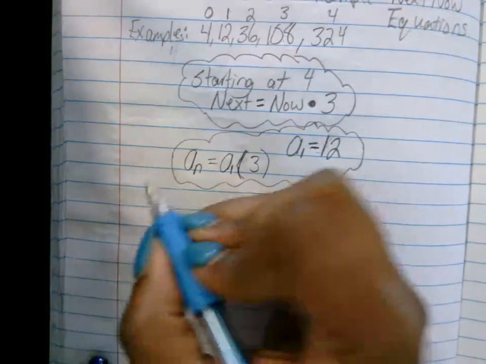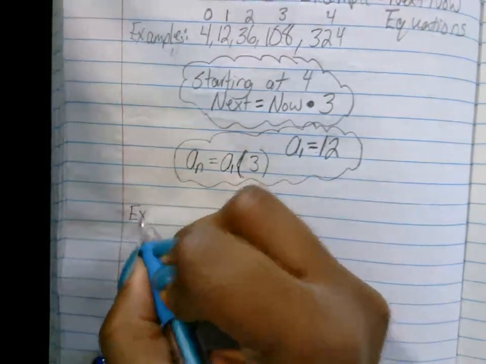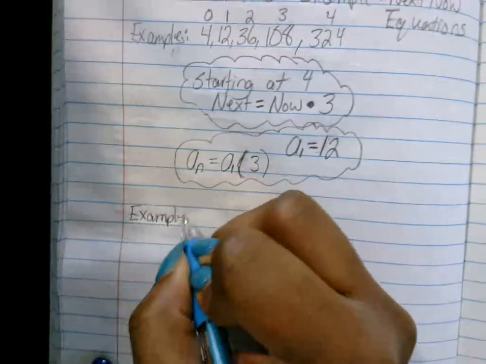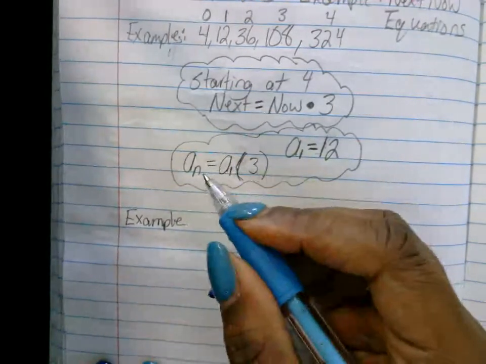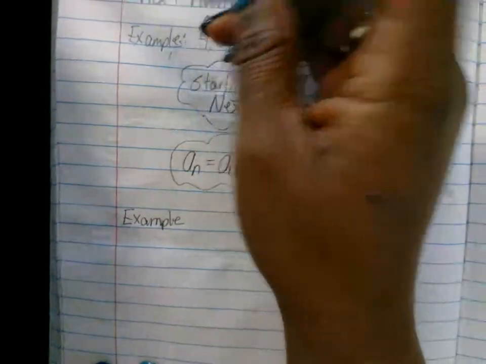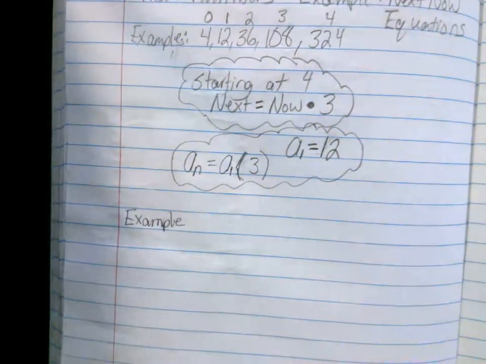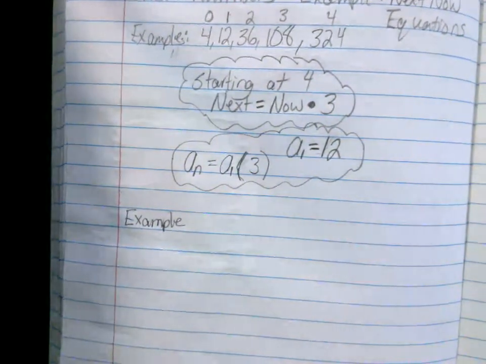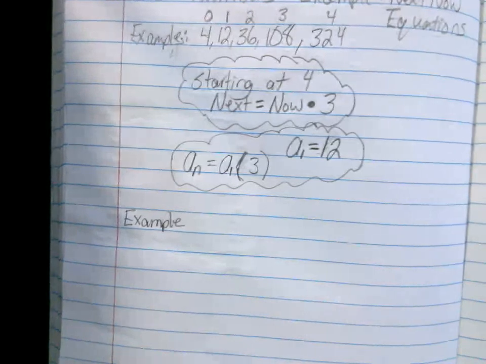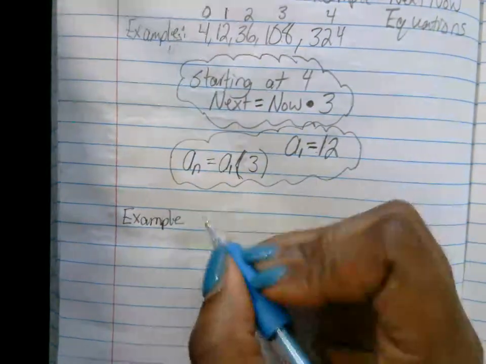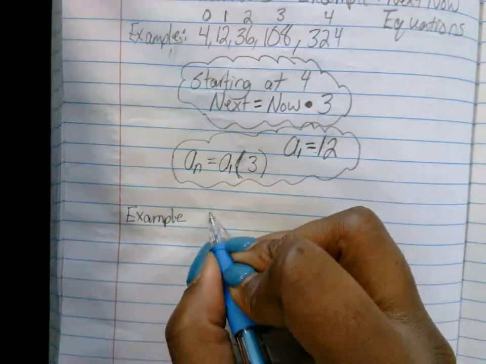Let's do another example and see if you can write a next-now equation for this. Let me do one real quickly. Where's my calculator? All right, so let's do this one. Let's start with this number.